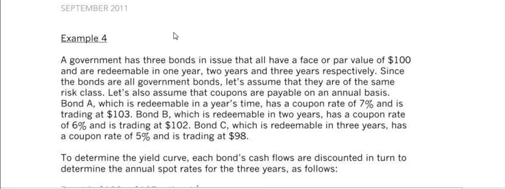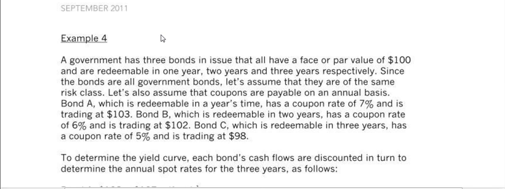So let me just recap. First example teaches us how to find the price of a bond with one yield curve. Second example tells us how to find the yield to maturity, that is 1 yield. The third example, finding the price using different yields.